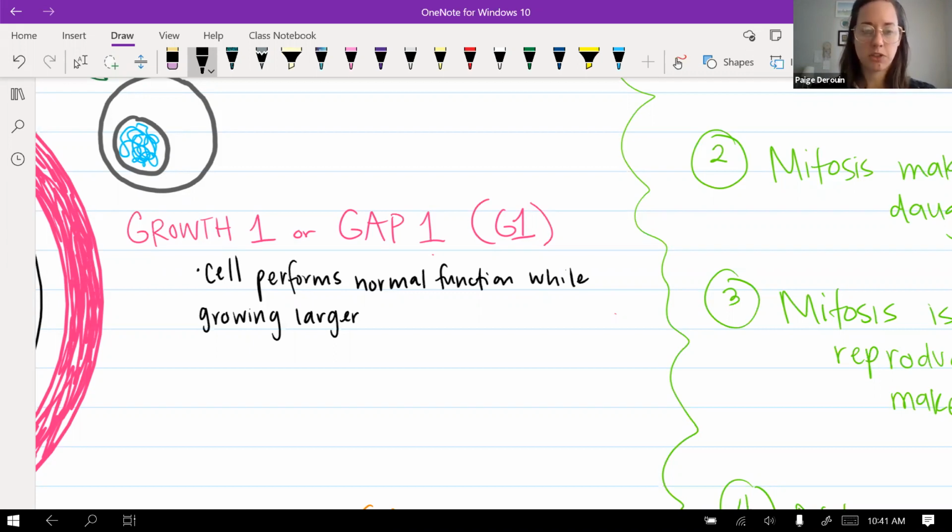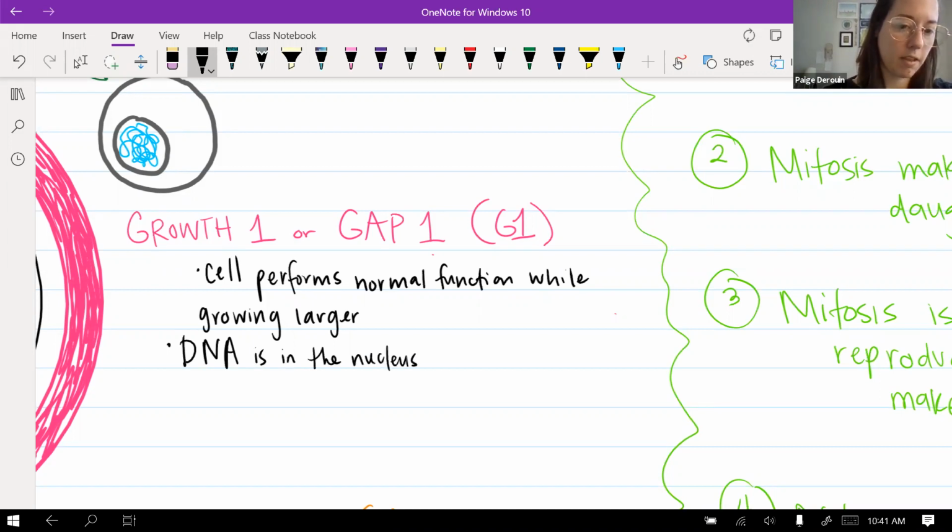Throughout this process, we're also going to pay attention to what the DNA is doing. So in this situation, the DNA is in the nucleus and organized as chromatin.